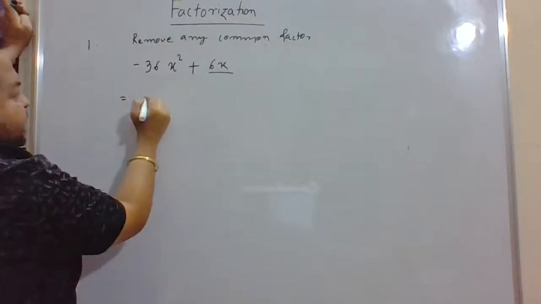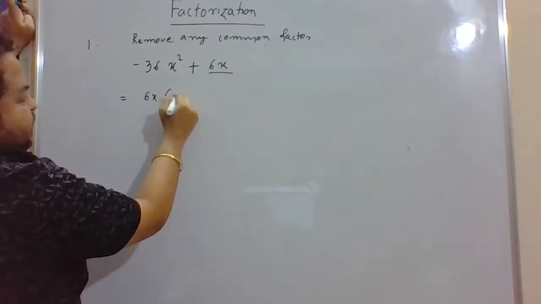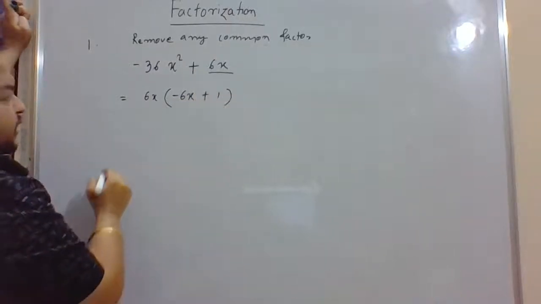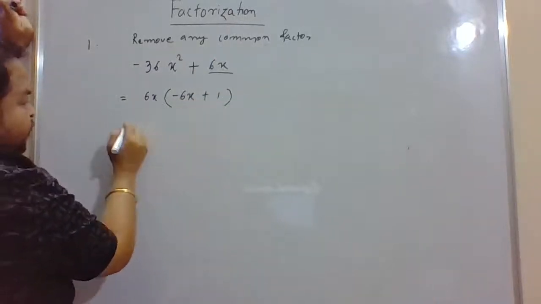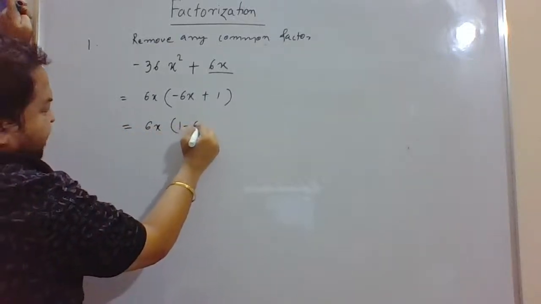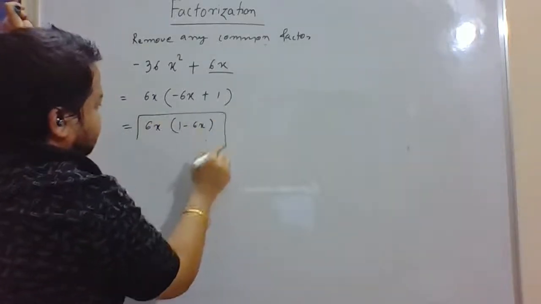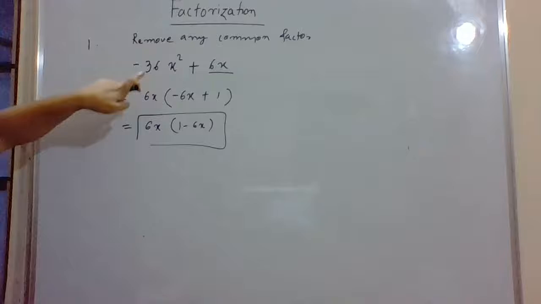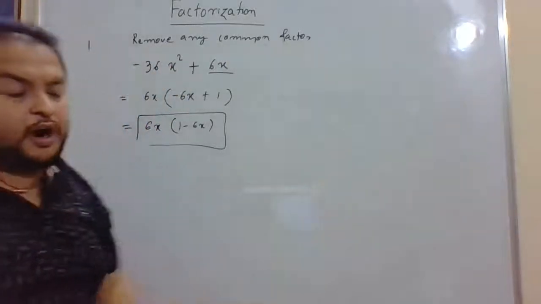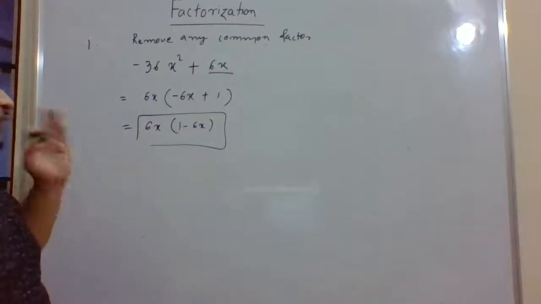So I take 6x common, and now this will be minus 6x plus 1. After that, I can beautify this a bit, so I'll say 6x common, (1 minus 6x). So this is the answer. I have taken the common factor out, and this is how I arrive at the factorization of it.